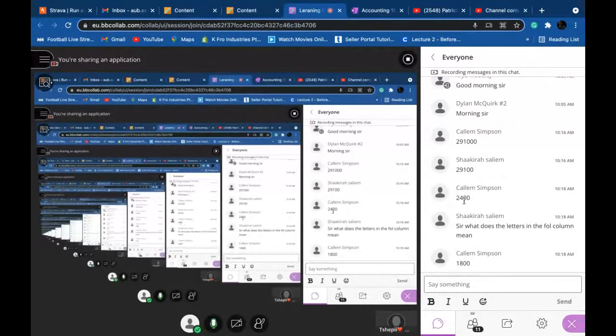So we have 2,400. So what do the letters in the folio column mean? Good question, we'll have a look at that now. 1,800. 1,800 for, oh, my bad.